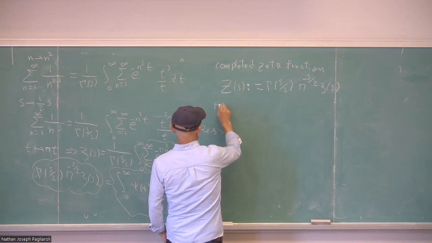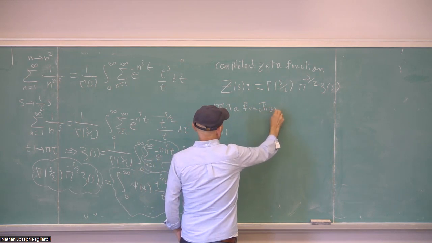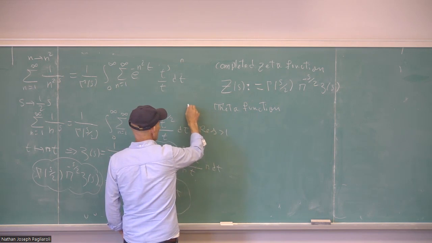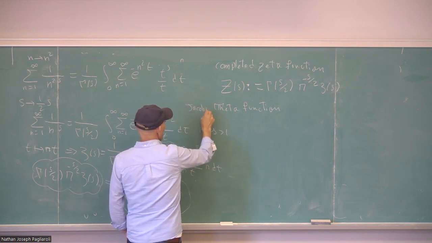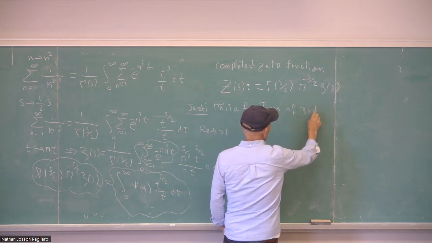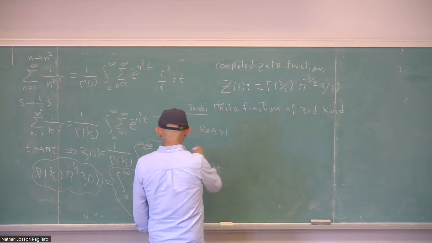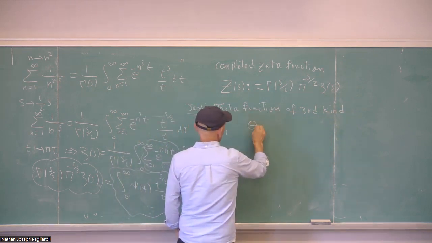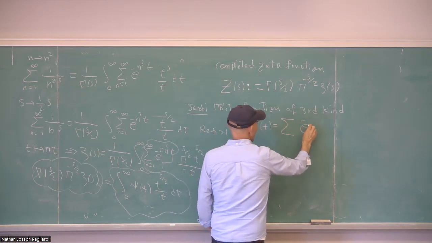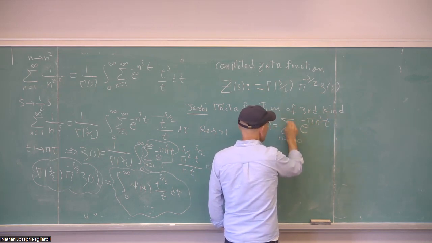So, theta function. This was introduced again. It's hard to say who introduced it first, but maybe I'll just say Jacobi's theta function of the third kind. Again, not completely in this form, but it's essentially this form: theta of t is the sum of e to the minus pi n squared t, where n goes from minus infinity to plus infinity.